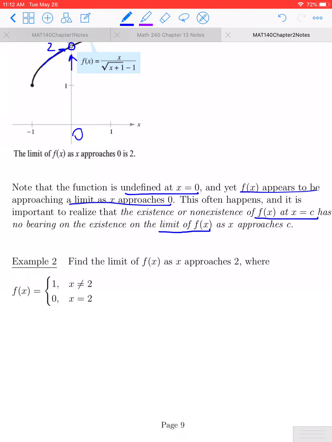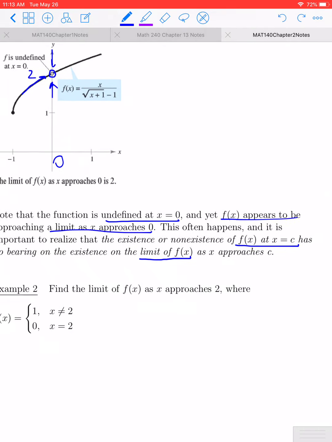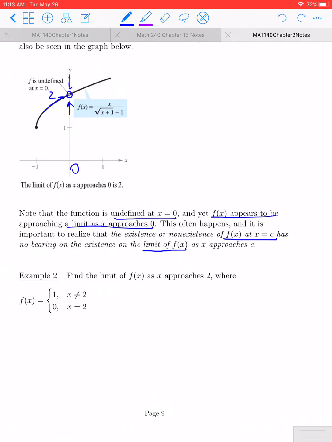It's only talking about what's happening as you approach the value x equals c from the left and from the right-hand side. The function may have a value there, it might not. It could even have something goofy where the value is defined elsewhere, but the limit is independent of what's actually happening specifically at the point x equals c.